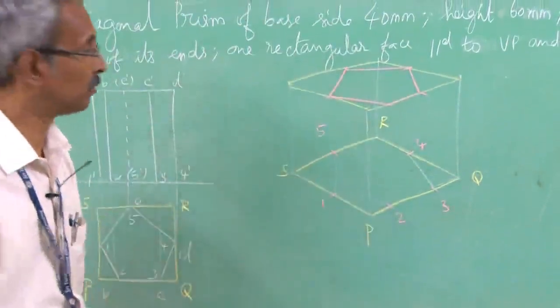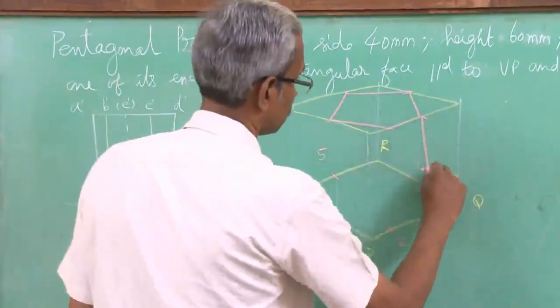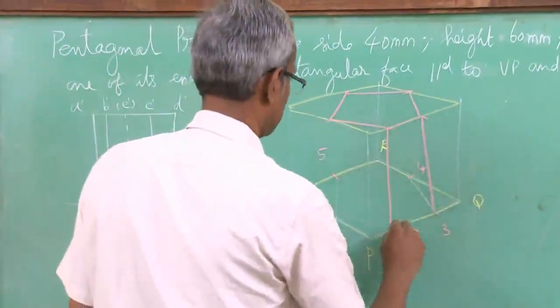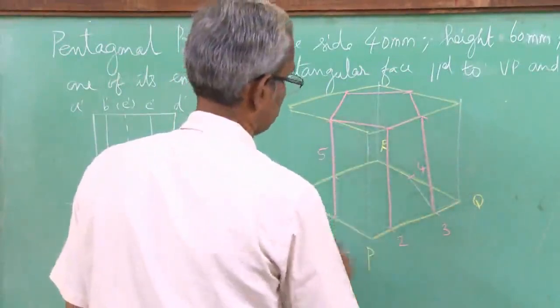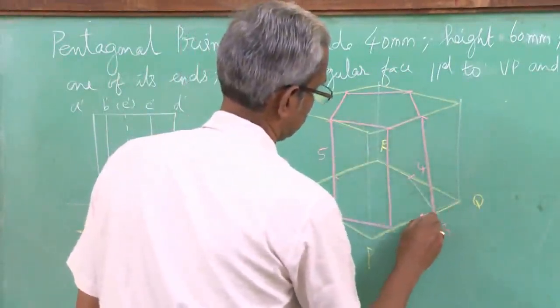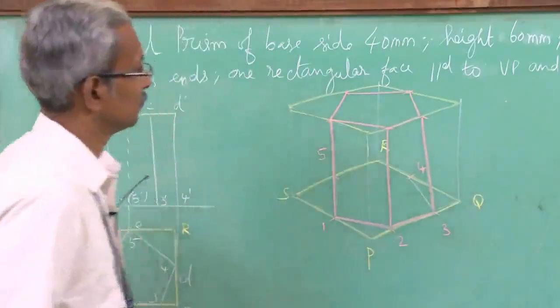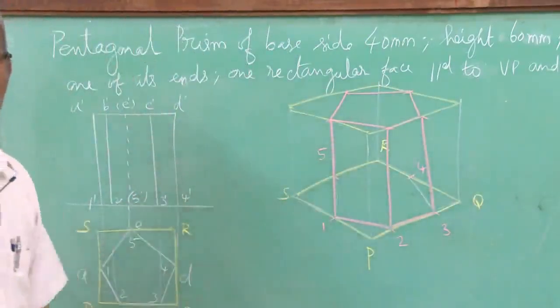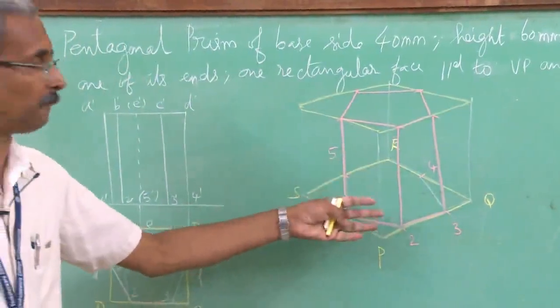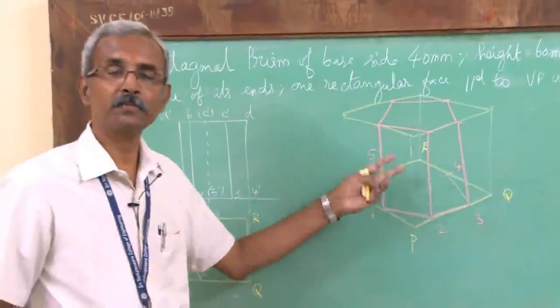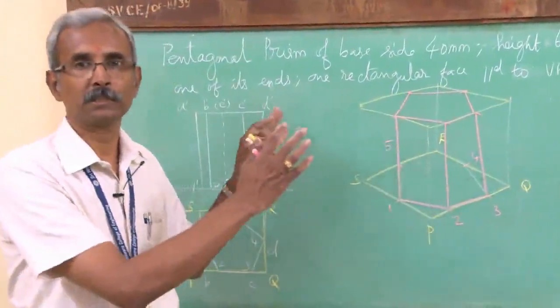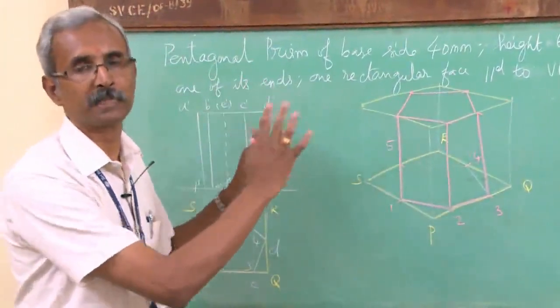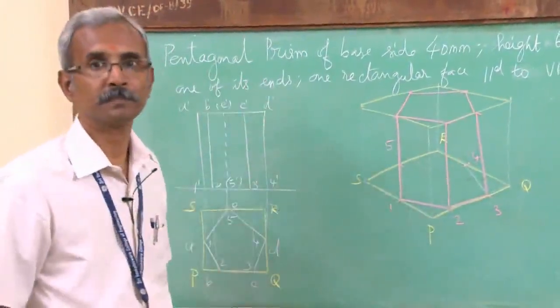Now connect them to the bottom, so this is the isometric view of a pentagonal prism. Again, as I told you earlier, there are hidden edges which we are not concerned about. What we want is the pictorial view of this pentagonal prism, and this is the prism.